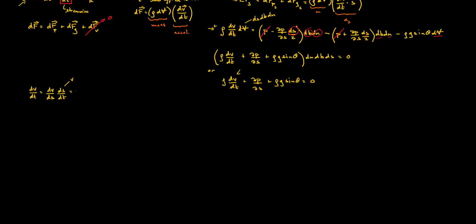So we're left with v dv by ds. Substituting this back into Newton's second law, we have rho v dv by ds plus the change in pressure plus rho g sine of theta.